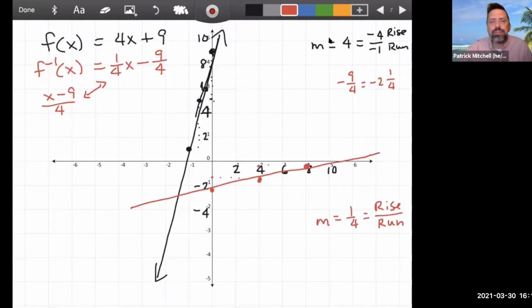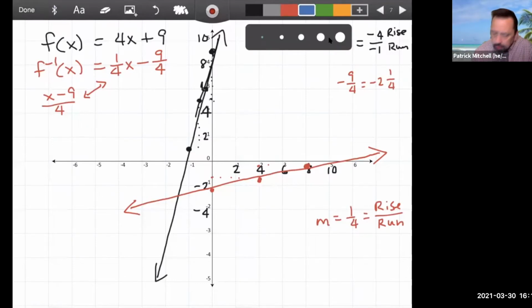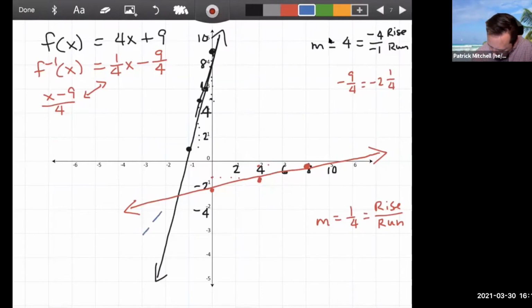Okay. All right. So what I'm trying to show you is that when you graph a function and its inverse, you get a certain kind of symmetry, which may or may not be jumping off the page at you right now, jumping off the screen, I should say. The type of symmetry that you get from a function and its inverse is symmetry across the line y equals x, which is this line right here.